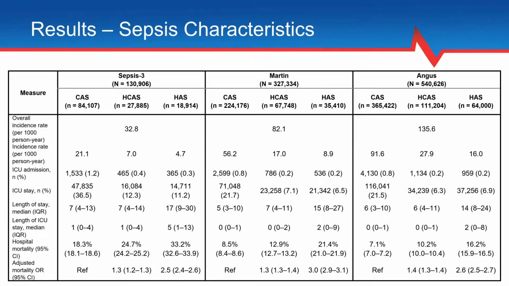Hospital-acquired sepsis has the highest hospital mortality, while community-acquired sepsis has the lowest hospital mortality. This is saying that community-acquired sepsis is more common, but it's less life-threatening, while hospital-acquired sepsis is less common, but it is actually more life-threatening.